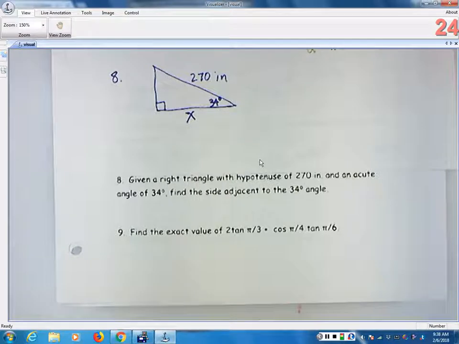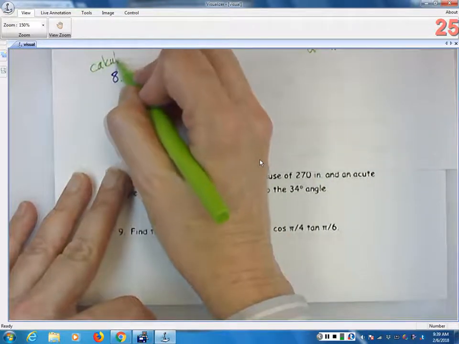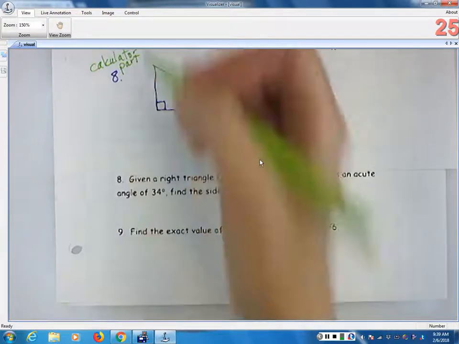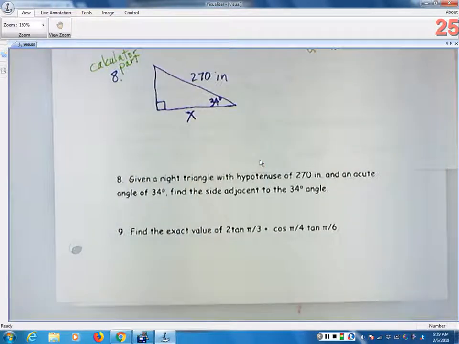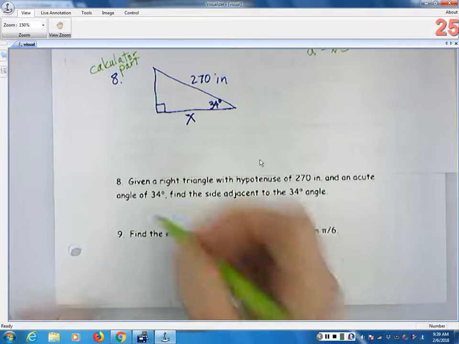Yeah, this is the calculator part. I'm gonna have to fix that. This is in the wrong part.